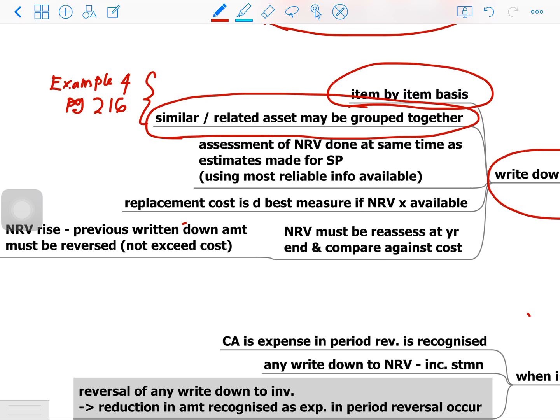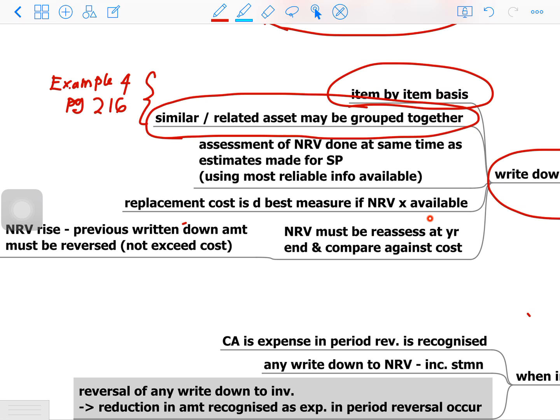Assessment of NRV is done at the same time as estimates made for selling price. It is mentioned there. That's how we write down. And replacement cost is the best measure if NRV is not available.